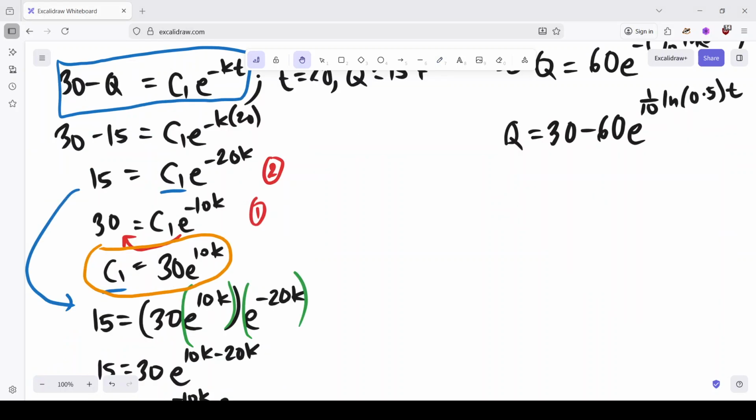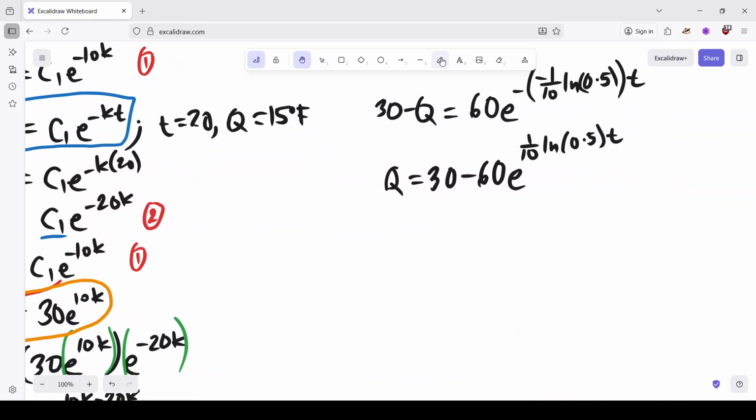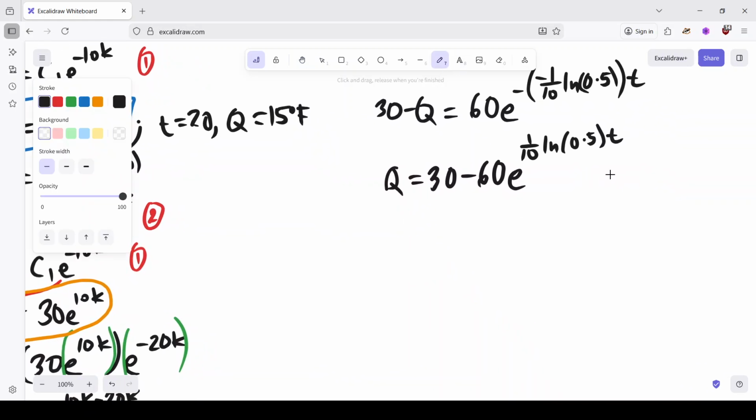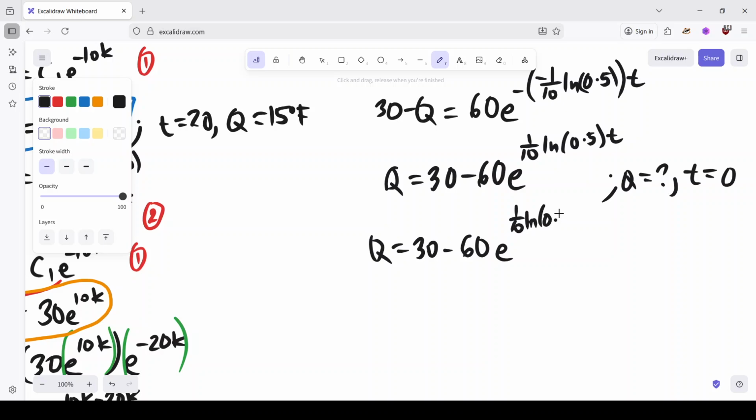For the question of the problem, which is the initial value, we're looking for q if time is 0. So q is equal to 30 minus 60 e raised to 1 over 10 ln of 0.5 times 0.